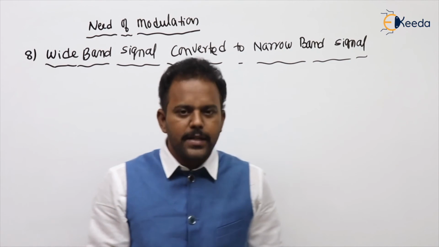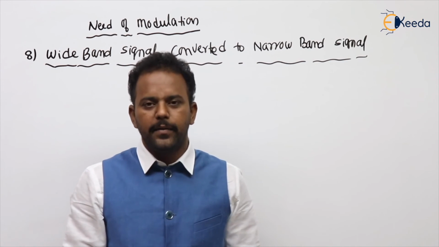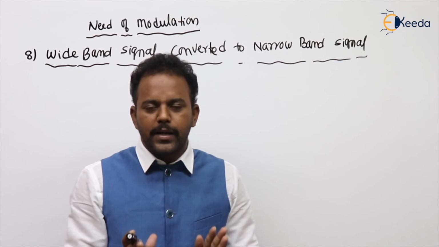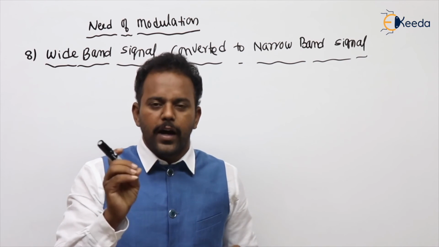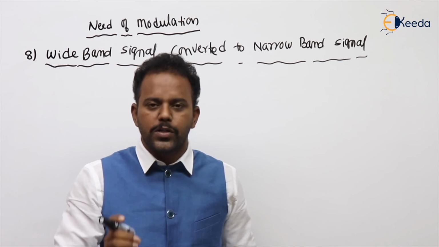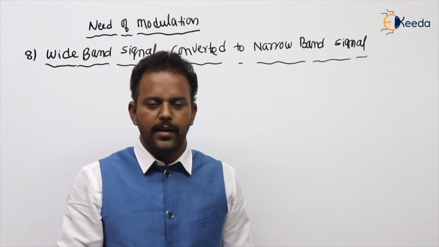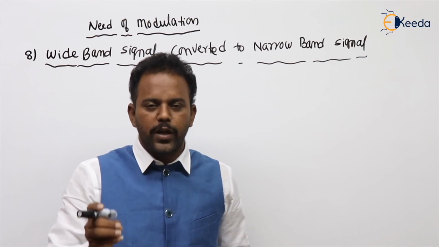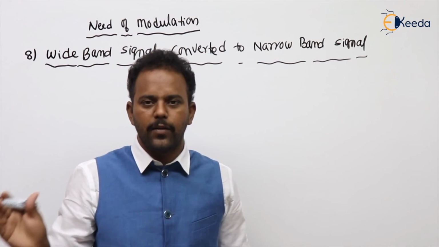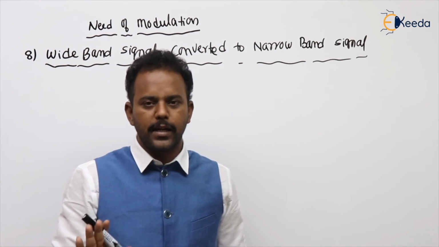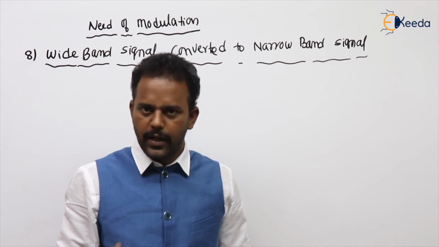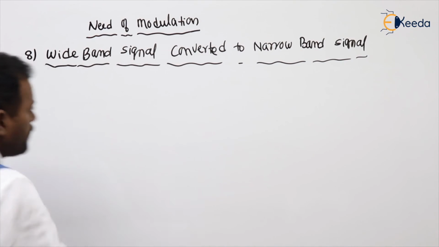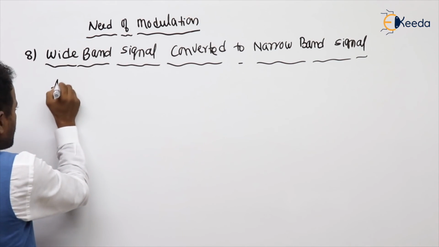Next point is, a wideband signal is converted into a narrowband signal. What is this wideband signal? We are taking the ratio of the highest frequency to the lowest frequency in the signal. If the highest to lowest frequency ratio is far greater than 1, that is called a wideband signal. Approximately 1 is called a narrowband signal. Clear? Follow. For example, let's take our audio signal.